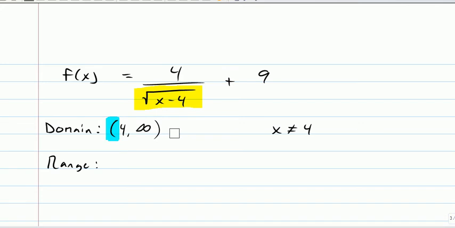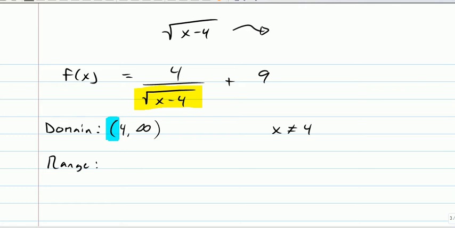Just that yellow piece, the square root of x minus 4, we're not going to be allowed to make it 0 because it's in the bottom of that, but what will that thing output? Will it ever produce negative things? No. No matter what you plug in for x, being that x is appropriate, it's always going to be positive.